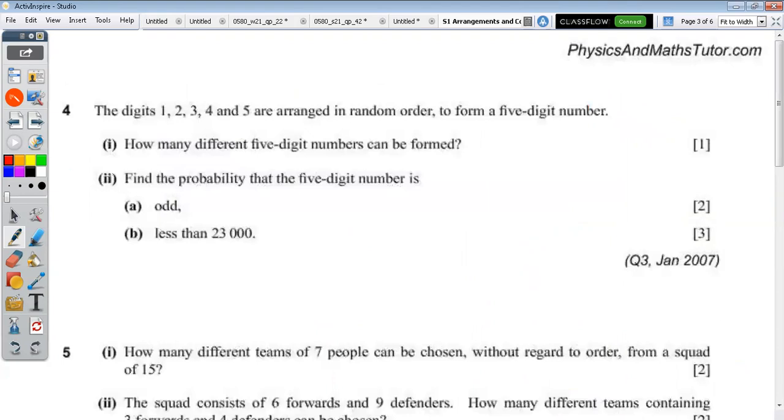Now, the digits 1, 2, 3, 4, 5 can be arranged in random order to form a 5-digit number. How many different 5-digit numbers are formed? 1 mark. What do you think?